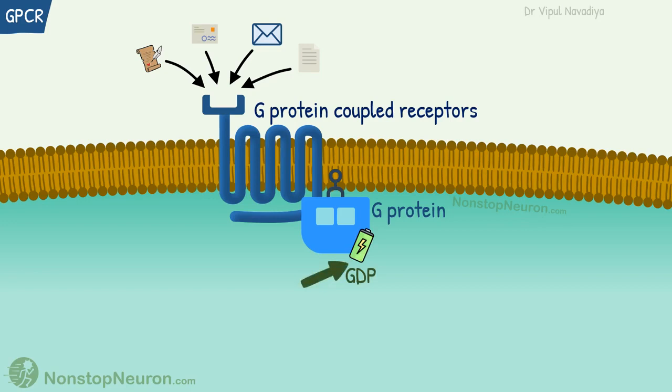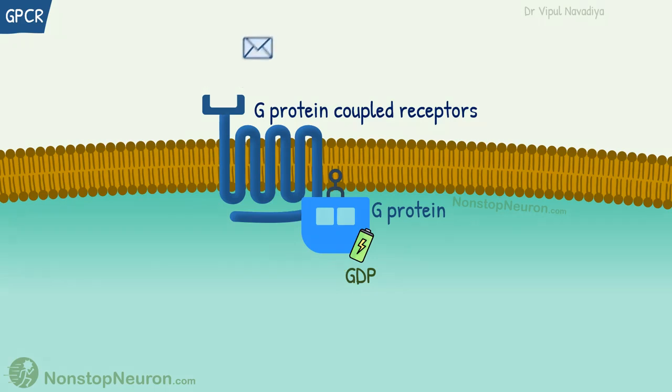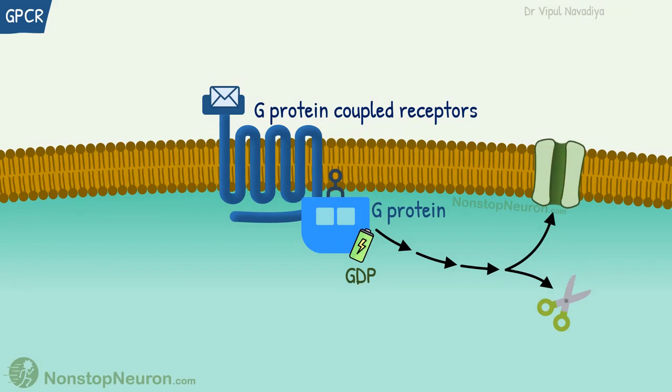So this is GDP, this is G protein, and this is G protein coupled receptor. The binding of a ligand with such receptors initiates a series of intracellular events that ultimately regulates the function of various enzymes and ion channels. For example, adrenergic receptors found in cardiac muscle cells are G-protein coupled receptors.